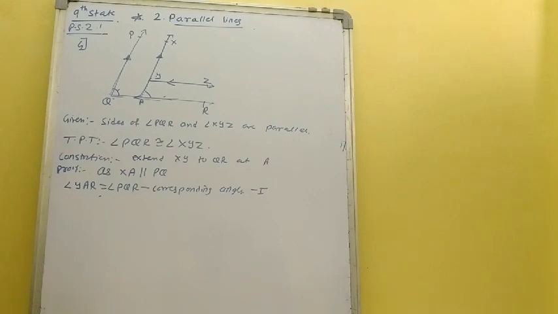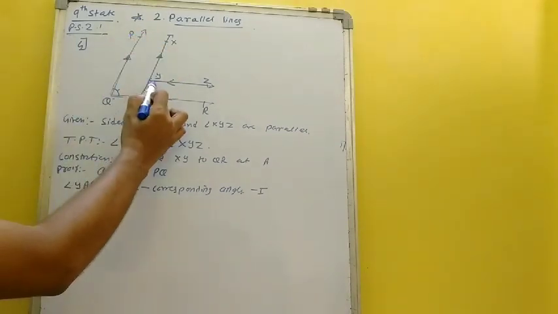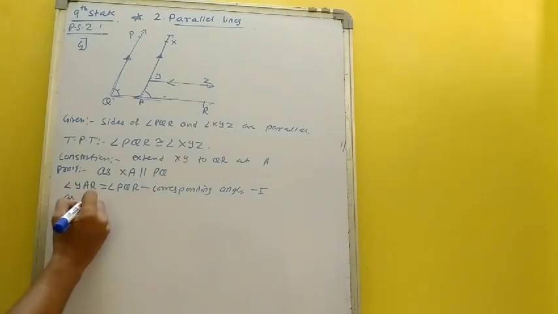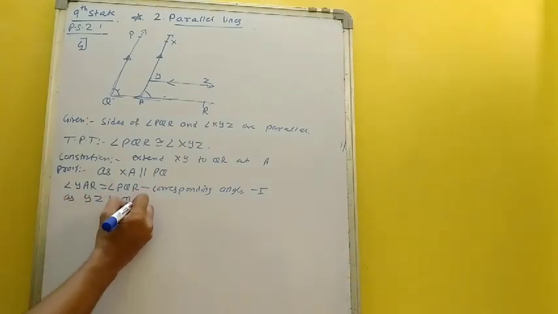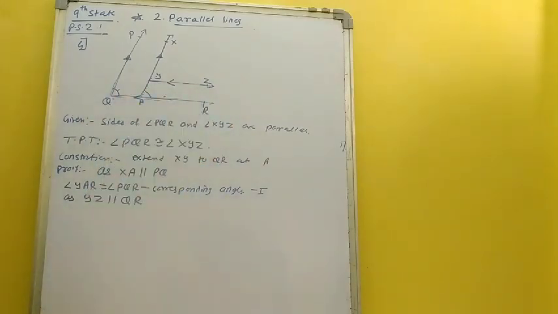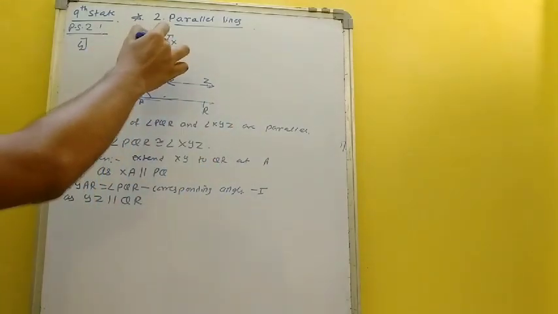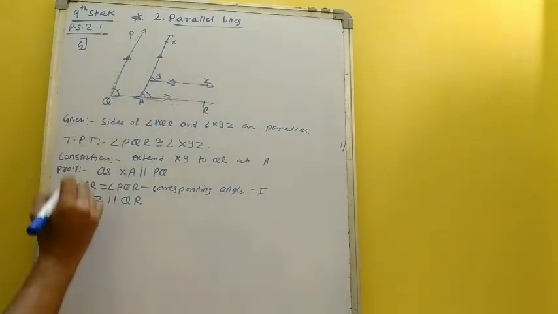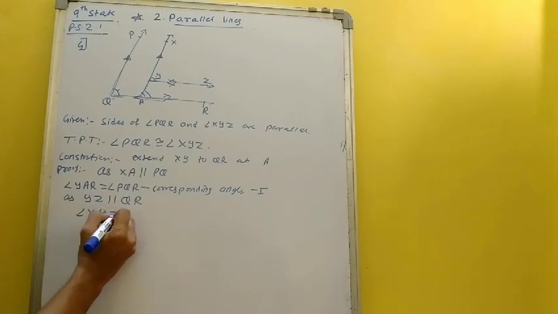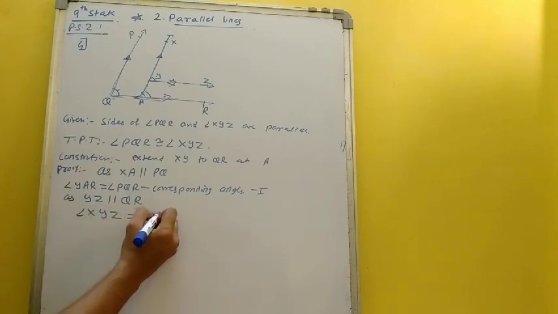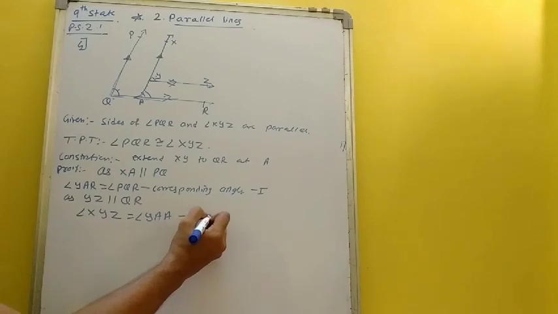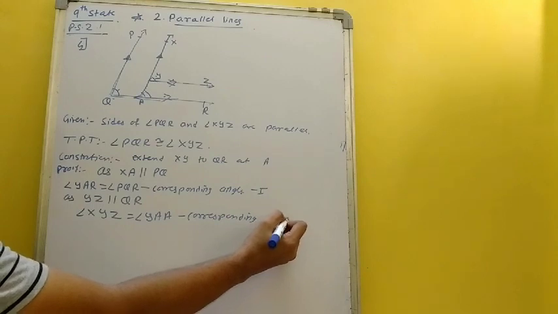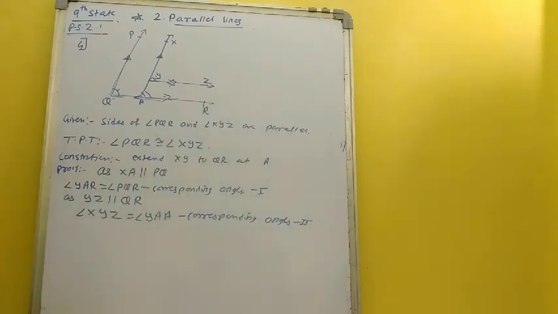Now as this was parallel, this is also parallel. YZ is parallel to QR. Therefore, I can say that, see, these are the two parallel lines and the corresponding angles are equal. So XYZ is equal to YAR, again corresponding angles, and this is number 2.